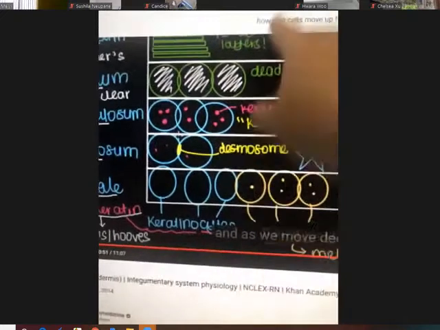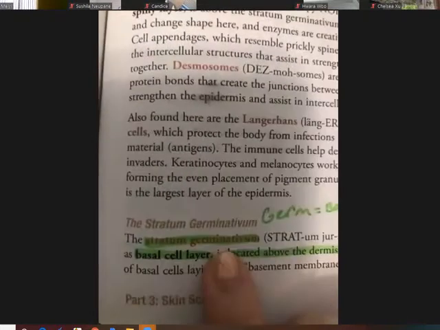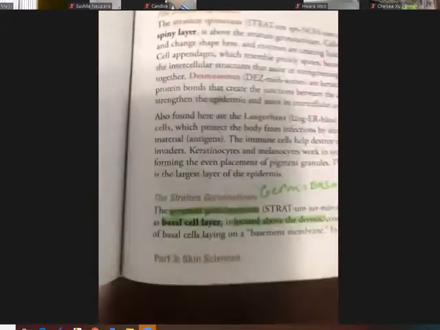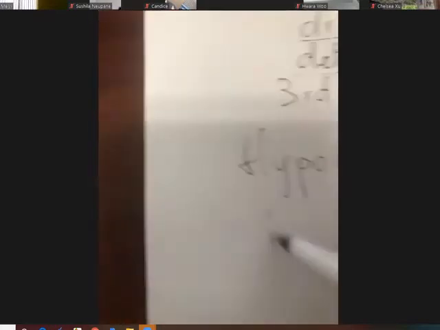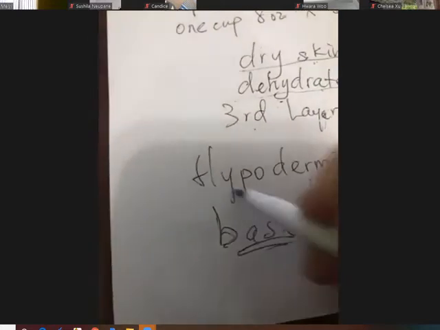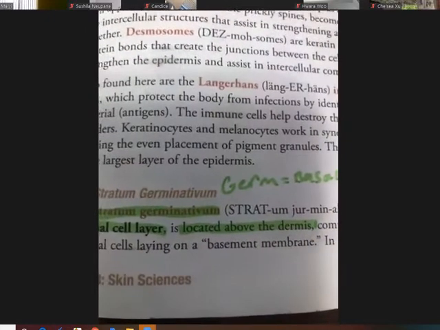Basal comes from the word base, which means the bottom layer, so it's called the basal cell layer.